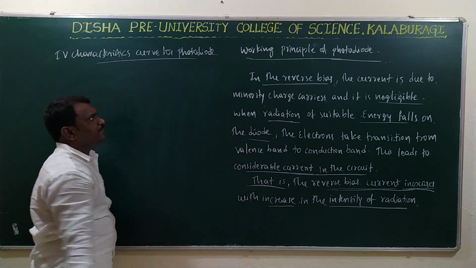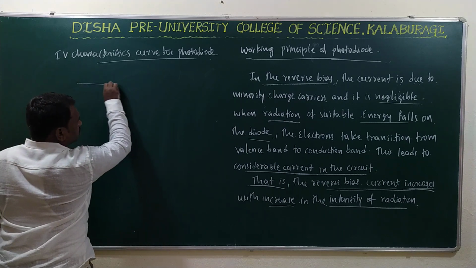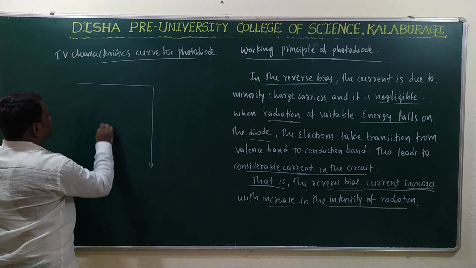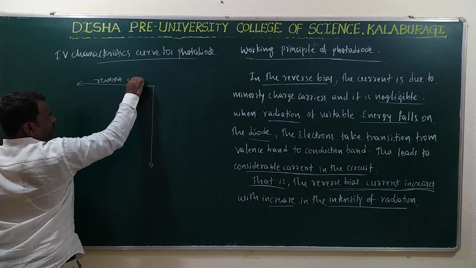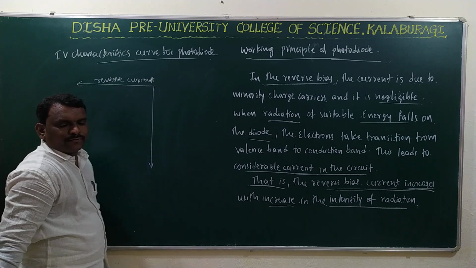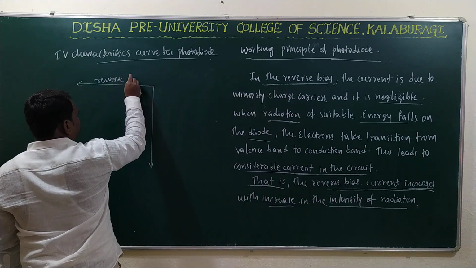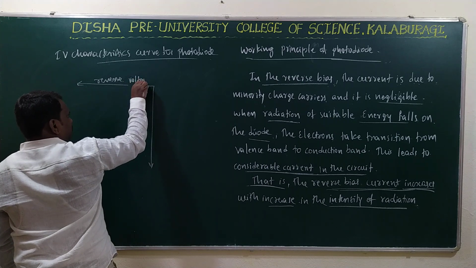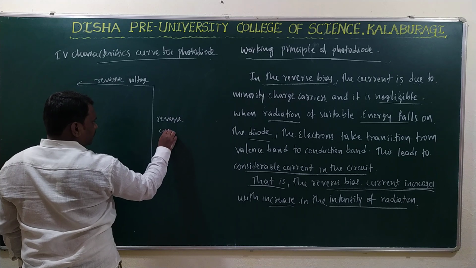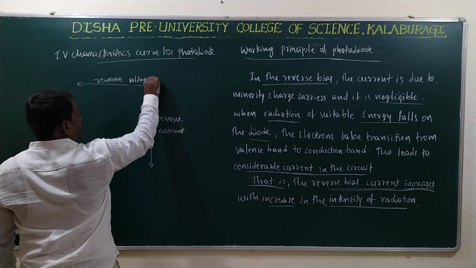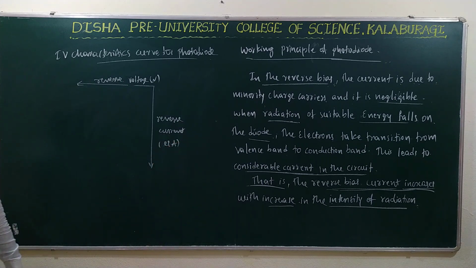Here, in a reverse bias, it produces the reverse current. The graph is between reverse current and reverse voltage. Voltage is in volts, but the reverse current is in microamperes, right?